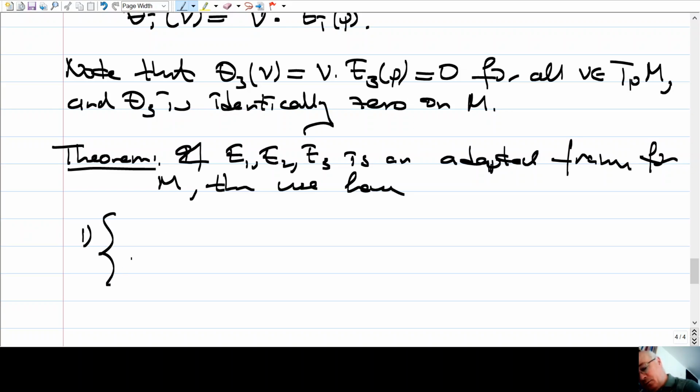First, d theta 1 is omega 1 2 wedge theta 2, and d theta 2 is omega 2 1 wedge theta 1.